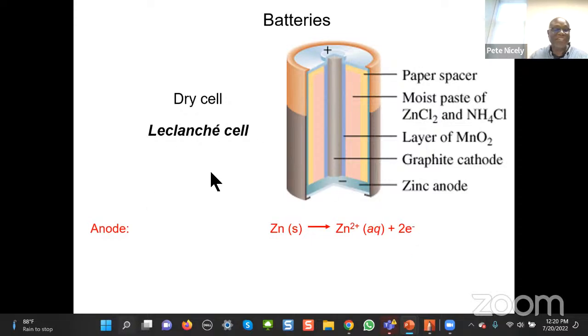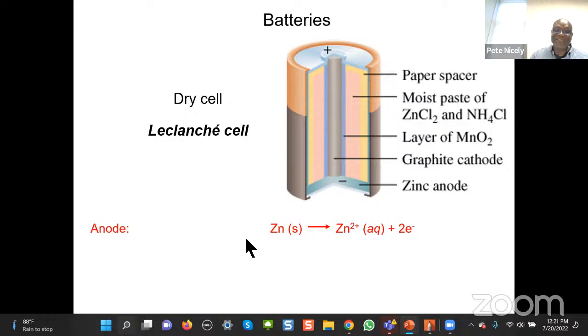And just to give you an idea as to the type of half reactions that would apply here. So the anode here consists of basically the zinc anode here. This is zinc right here. And that would be in contact with the paste, which is made up of zinc chloride and ammonium chloride.